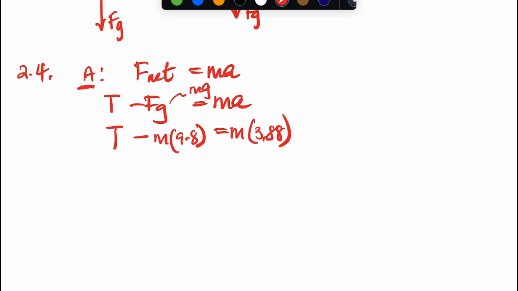So what are we going to have? We're going to have T minus 9.8 m is equal to 3.88 m.